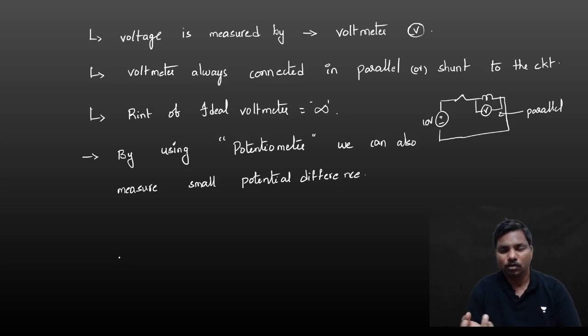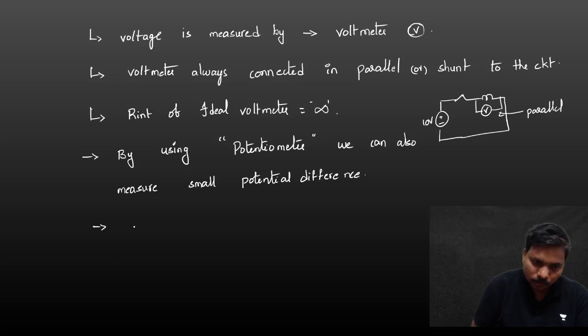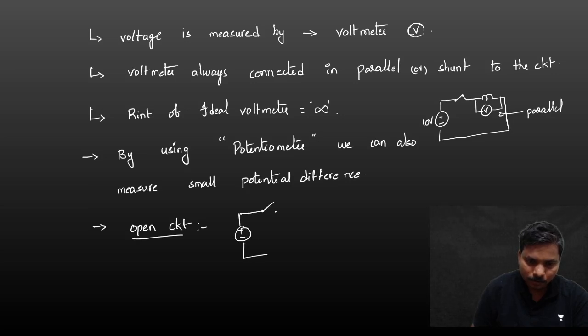Closed circuit means voltage is zero. Same like that. Note down. In case of open circuit, the circuit is open. Open means, for example, there is no contact between the source and load. This is the bulb. There is no contact. It is the open circuit.